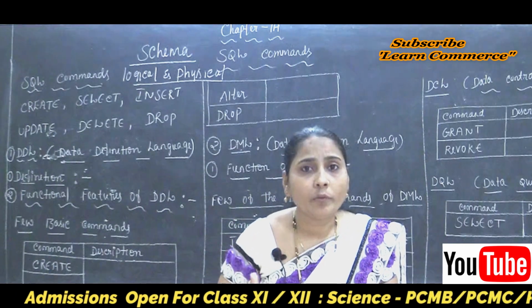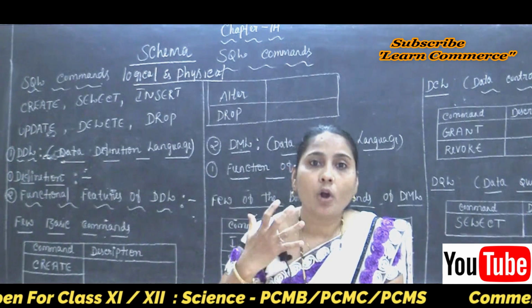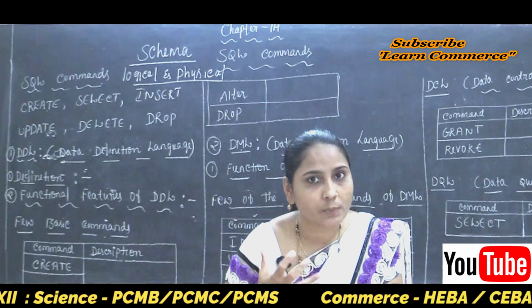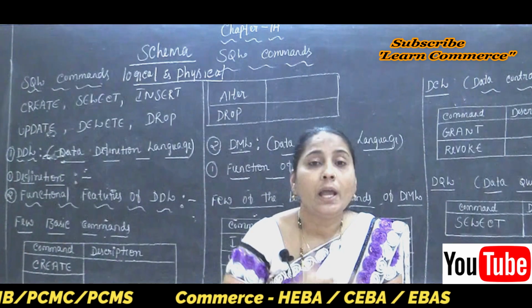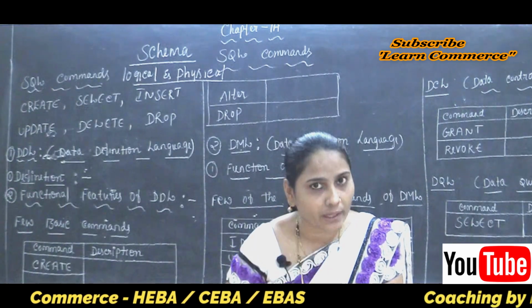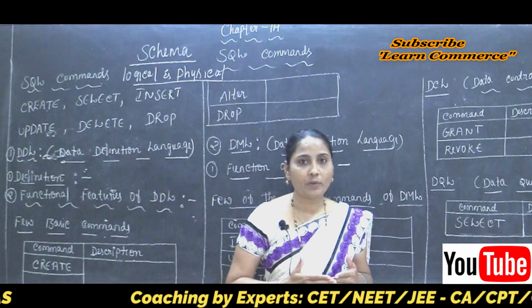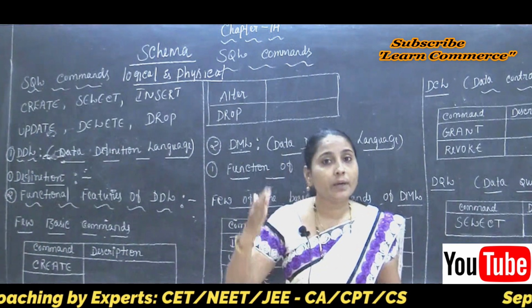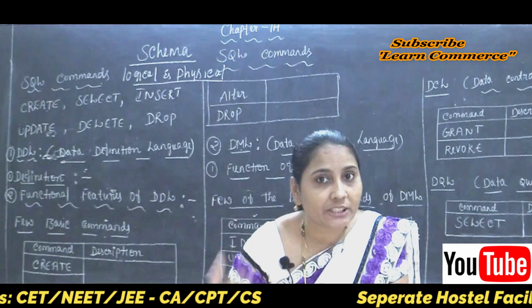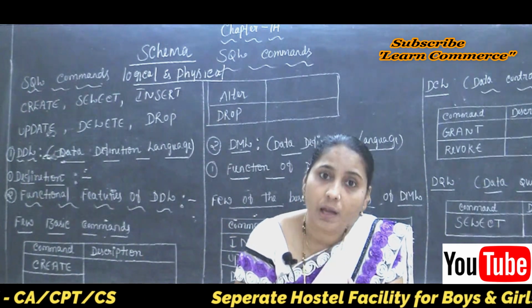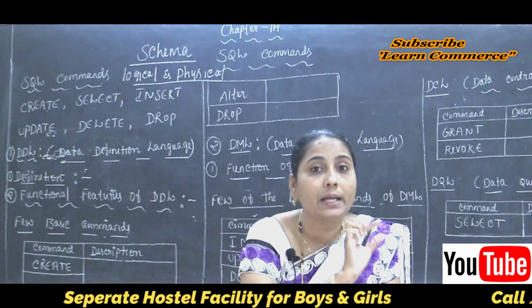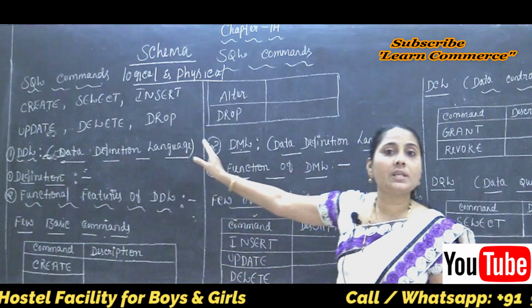Why? Because what we learn in the conceptual schema, or the conceptual level, is what type of data is stored in the database, or maybe the relationship between the data, and also the complete view of the user requirements.